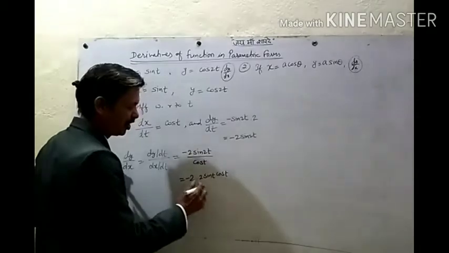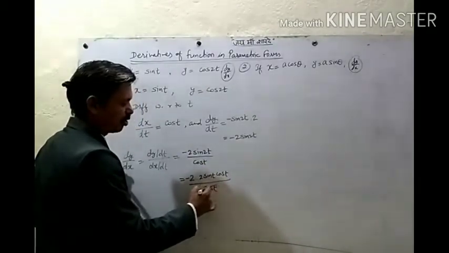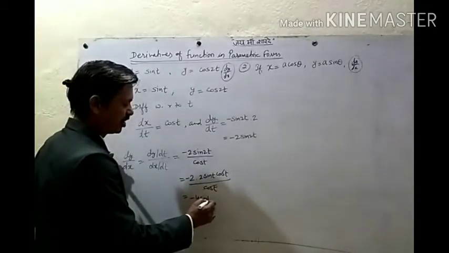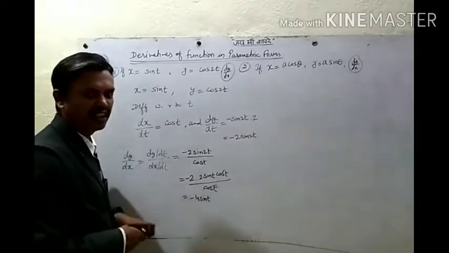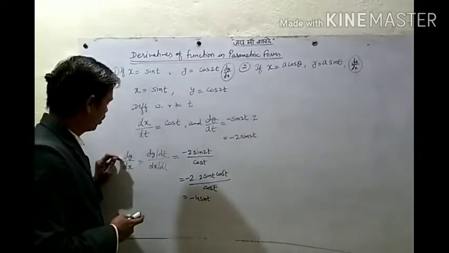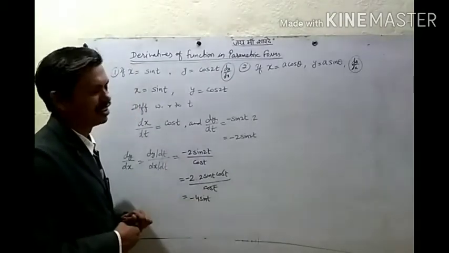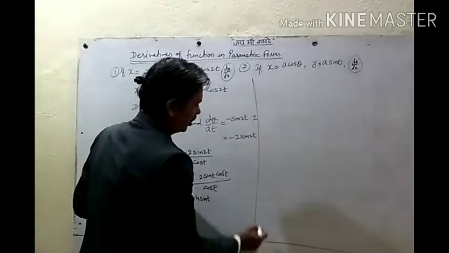Sin 2a formula is 2 sin a cos a. This cos t cancels out and you get minus 4 sin t. So dy by dx is minus 4 sin t. So the derivative of y with respect to x, in terms of the third variable t, is minus 4 sin t. Okay? Now let's see another example.